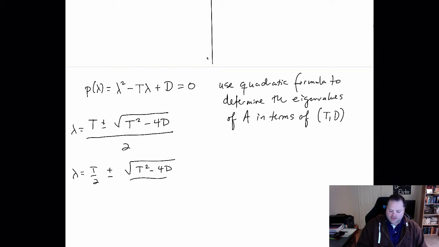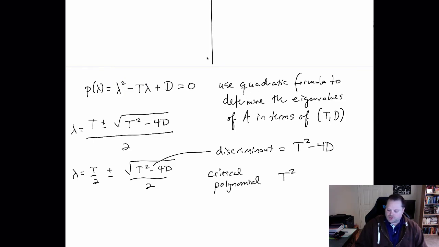It's the value inside the radical, inside the square root here. So the discriminant of this root is T squared minus 4D. It's also something known as the critical polynomial, because we're super interested in anywhere this quantity is 0.